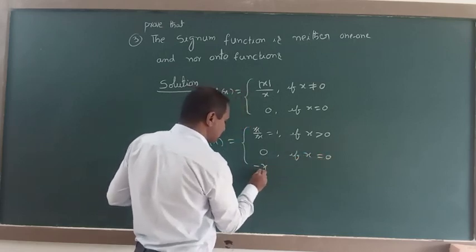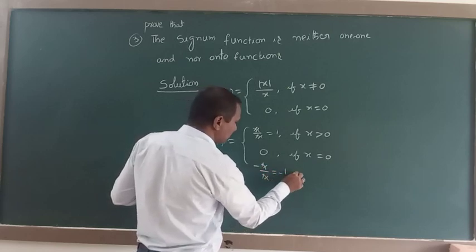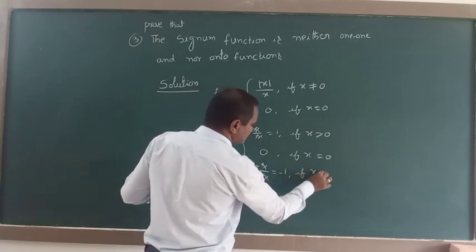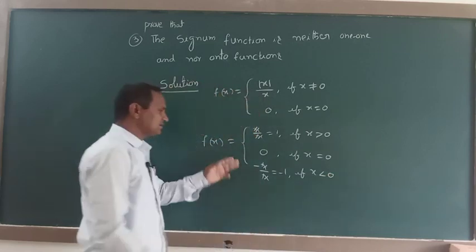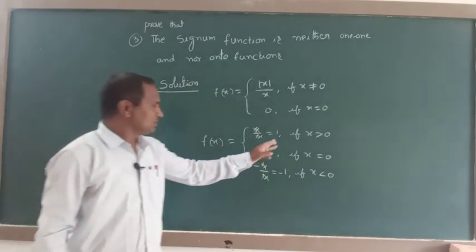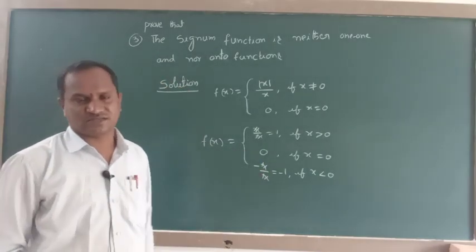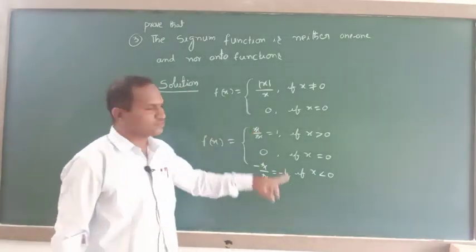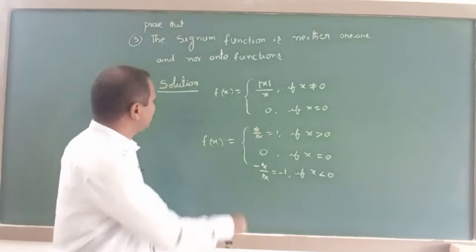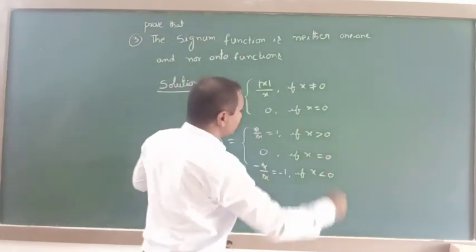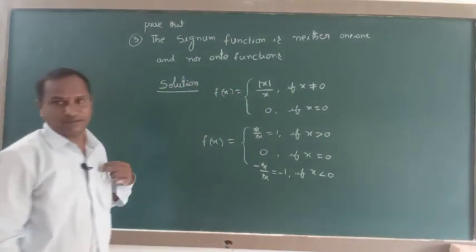Minus x by x cancels and we get minus 1 if x is less than 0. These values 1, minus 1, 0 are the range of this. But it is mapped from R to R only, real number to real number.